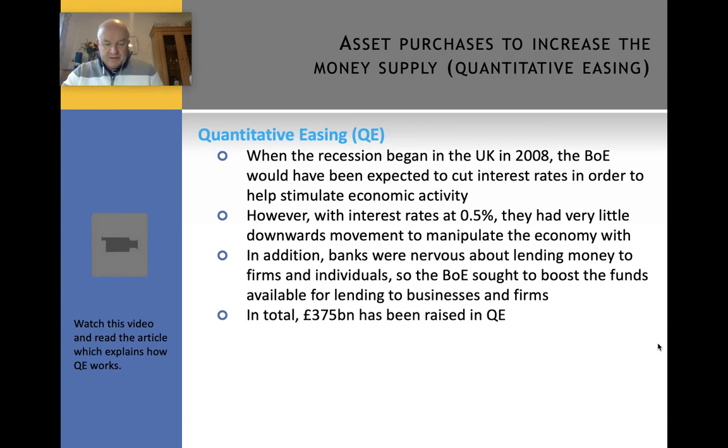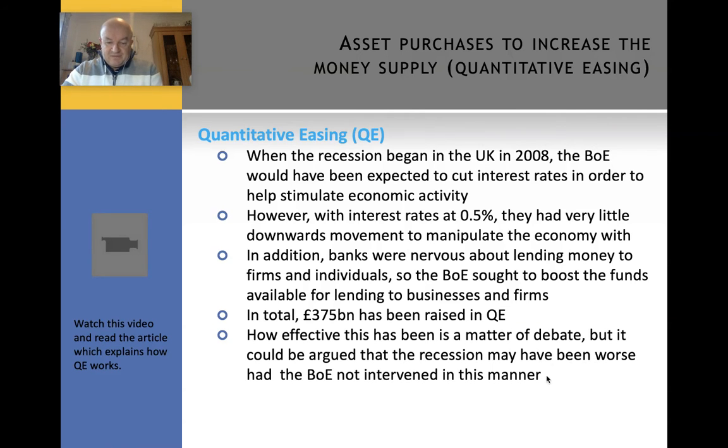Now, over £375 billion has been raised in terms of quantitative easing, and you'll see when you take a look at the article that I mentioned here, the latest pandemic is actually going to make it significantly more than that. Again, one of the arguments is, has this been effective or not?